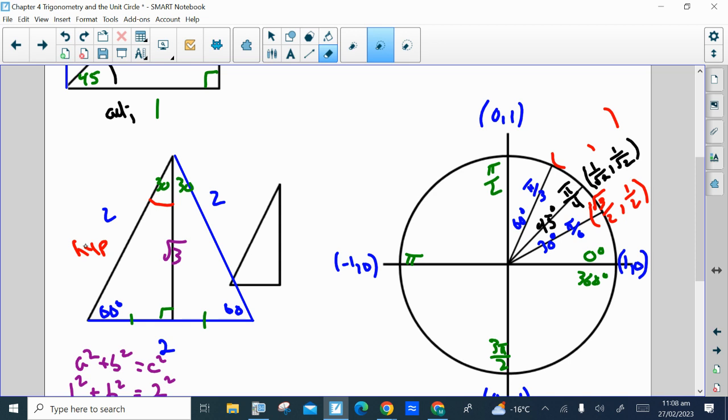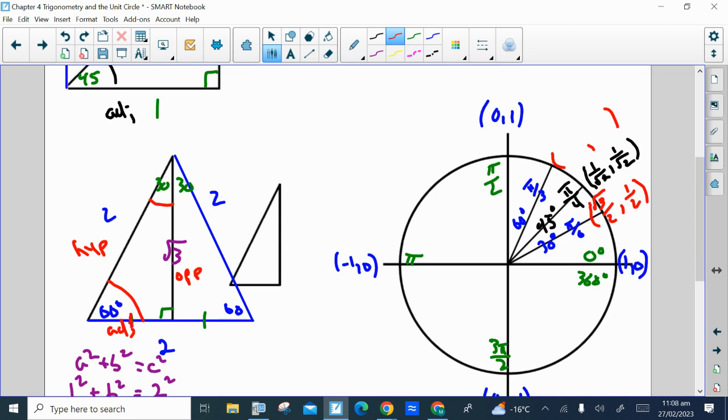The hypotenuse doesn't change, right? The 2 is always the side across from the right angle. But now if you're working from the 60-degree angle, that's going to change the opposite and the adjacent. The side across from 60 degrees is the opposite. That's now root 3. The adjacent is 1 unit.